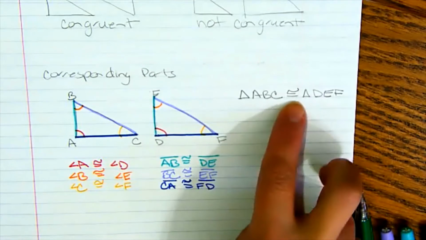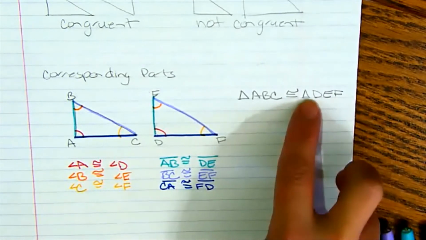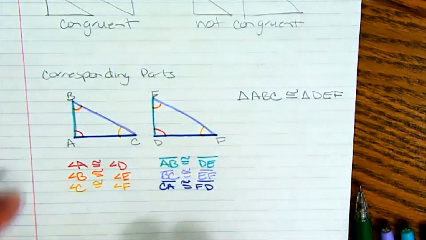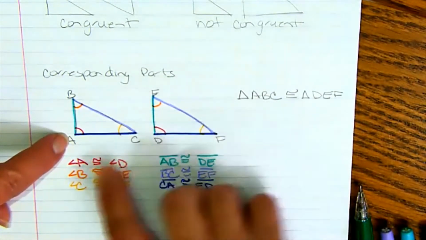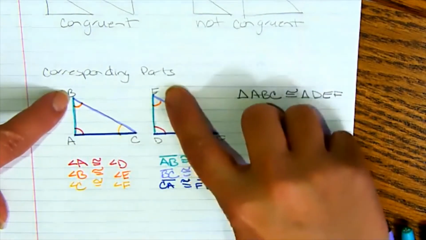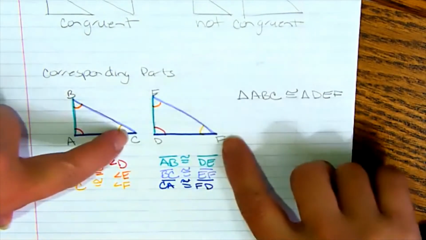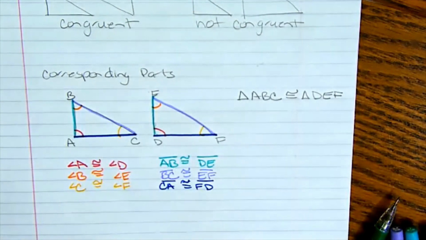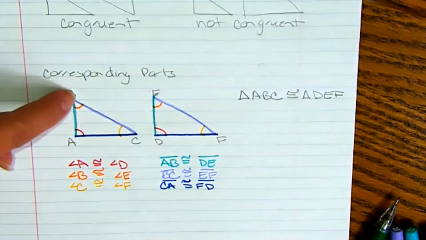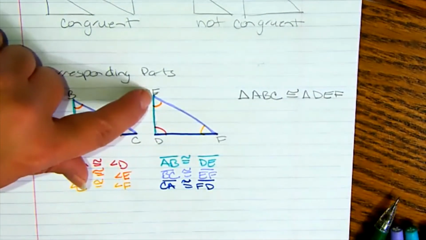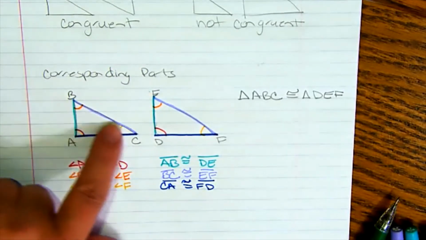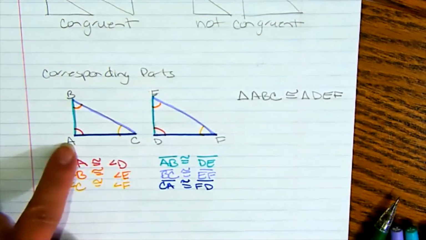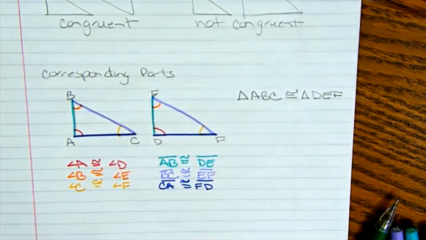Triangle ABC is congruent to triangle DEF, and the corresponding angles: angle A is congruent to angle D, angle B is congruent to angle E, and angle C is congruent to angle F. Those are considered corresponding angles. Side AB is congruent to side DE. Side BC is congruent to side EF. And side CA is congruent to side FD.